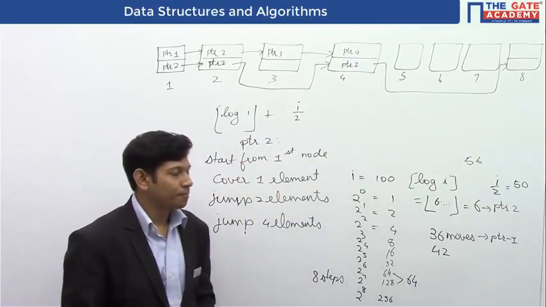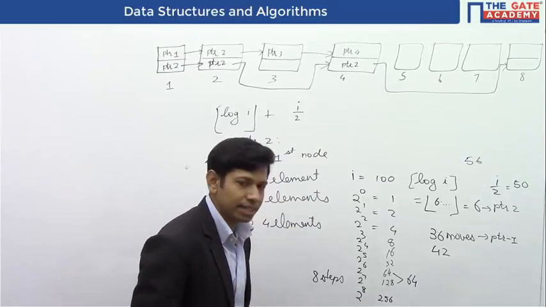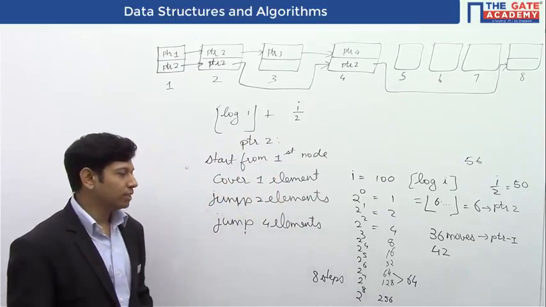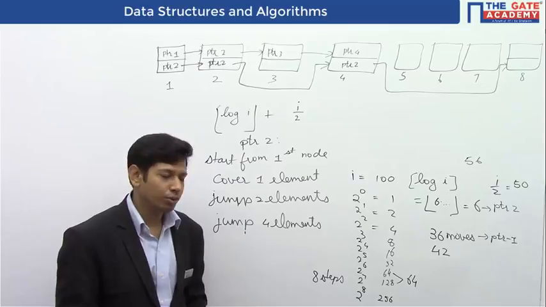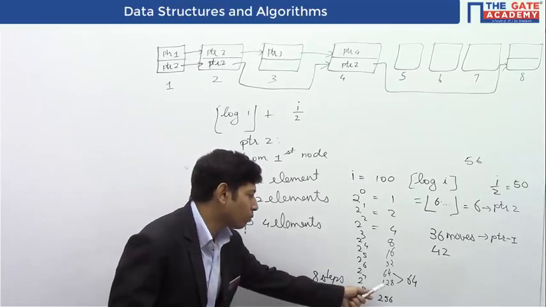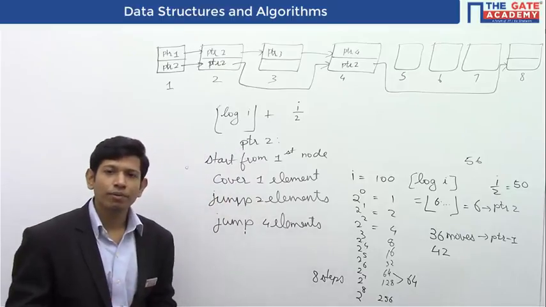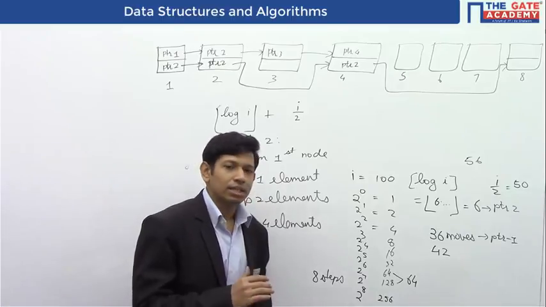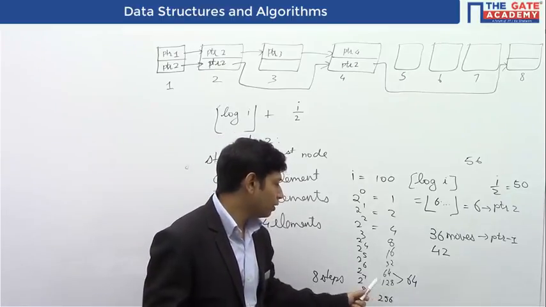Now when I is 256, when I is between 128 and 256, what we will do is use the second pointer to reach 128.